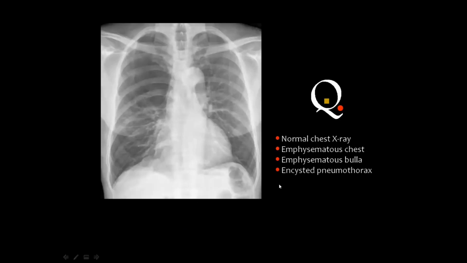Next case is a chest X-ray, and these are the possibilities: normal, emphysema, emphysematous bulla, encysted pneumothorax. Yes, emphysematous bulla is the right answer.